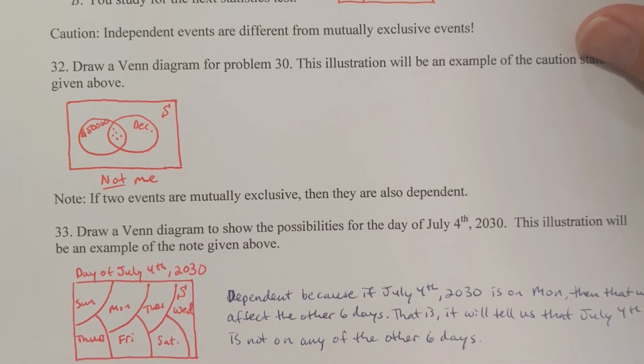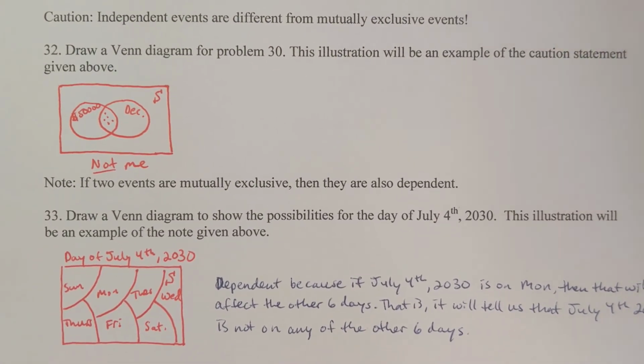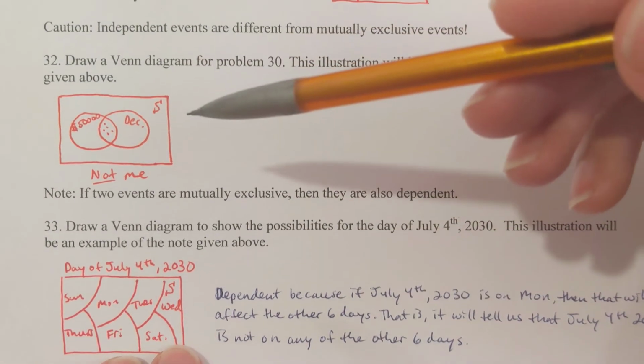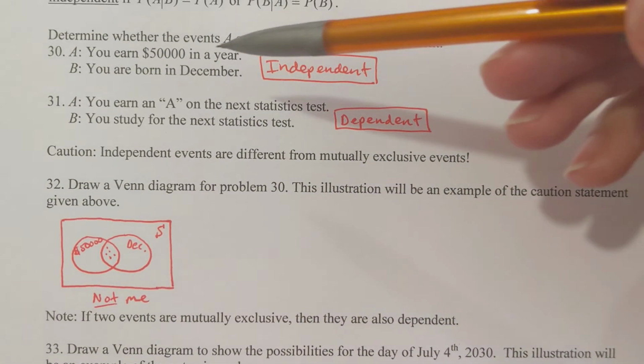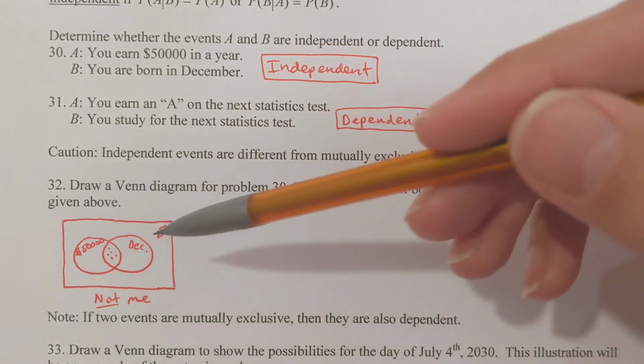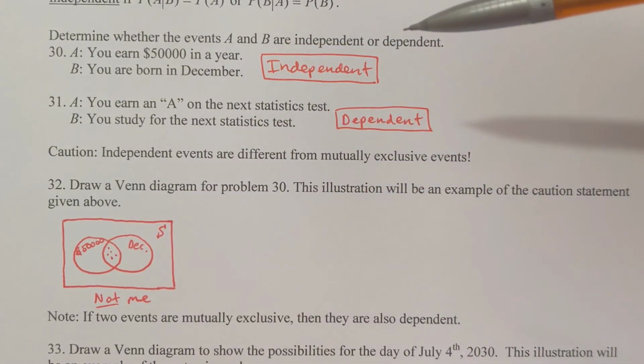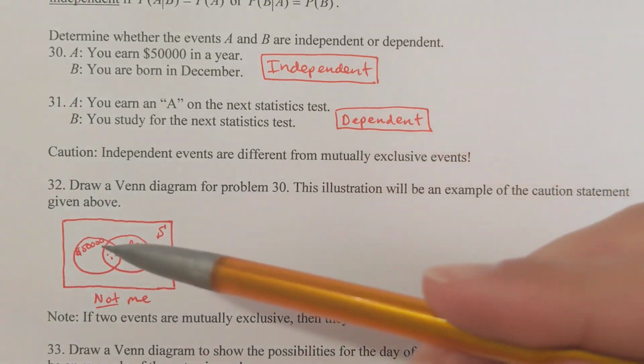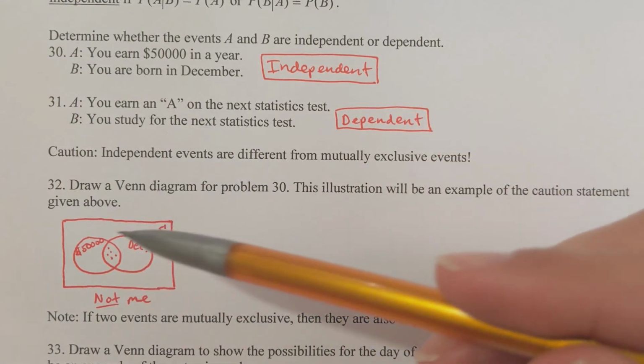Problem 32 is where they want us to draw a Venn diagram for problem 30, and this illustration will be an example of the caution statement given above. So here's event A, and here's event B, and I've got my Venn diagram.